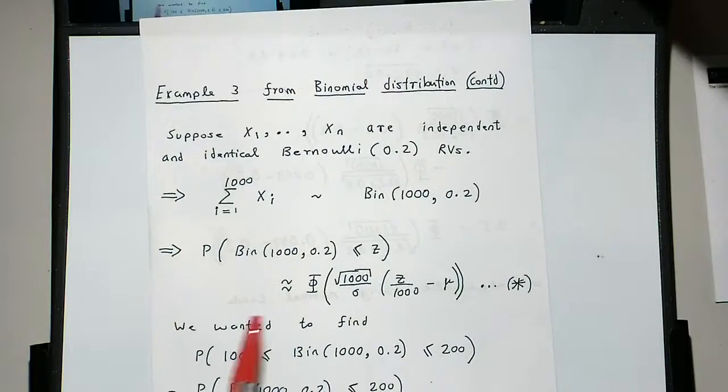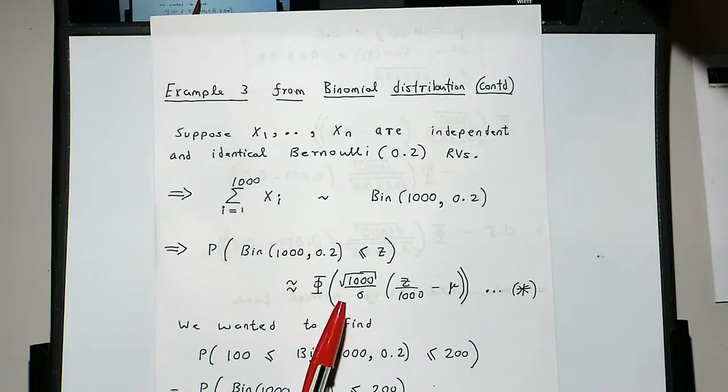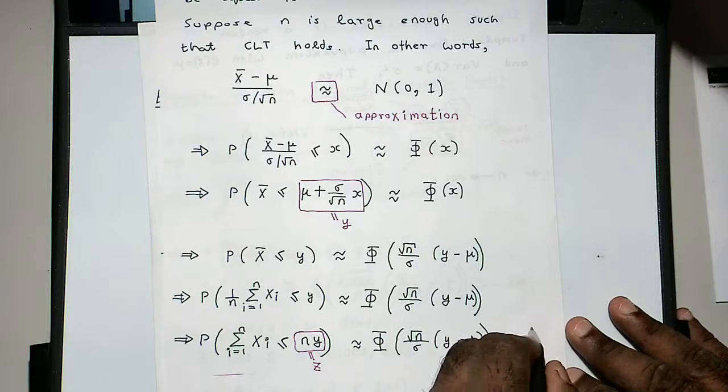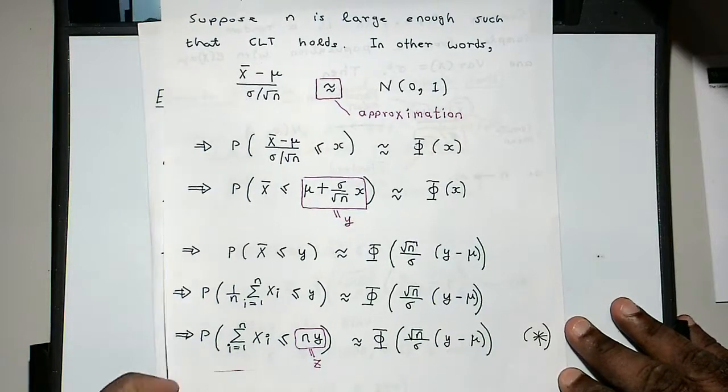So using the central limit theorem, you can approximate this probability by this probability using star, which I mentioned a couple of minutes ago. Star is this equation here. This equation is known as star.